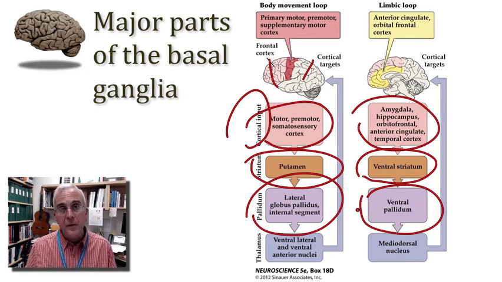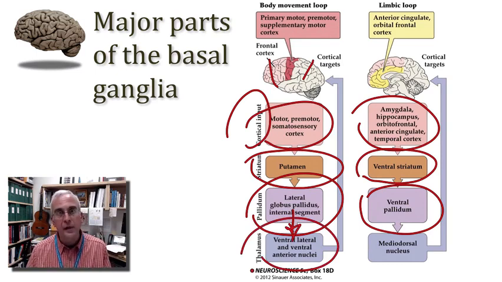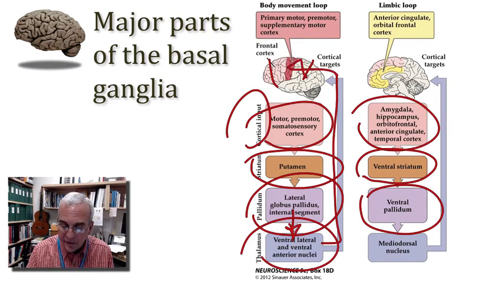It's a division of the pallidum that's inferior and just a little bit posterior to that part that we recognize as the globus pallidus. Now, the pallidum provides the output from the basal ganglia. So in the body movement loop, the pallidum here is the internal segment of the globus pallidus, which projects to our motor thalamus. The motor thalamus, in turn, sends signals back into the motor cortex.